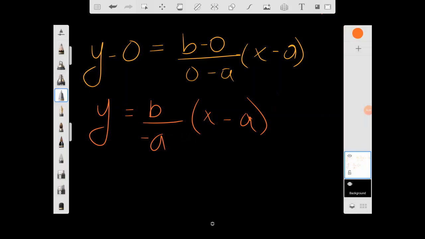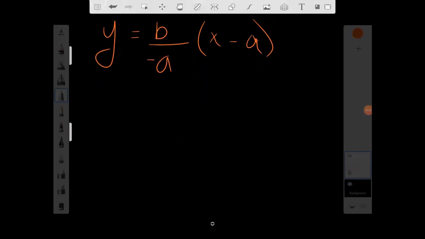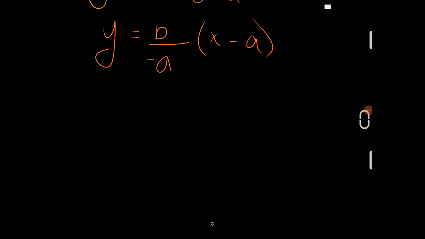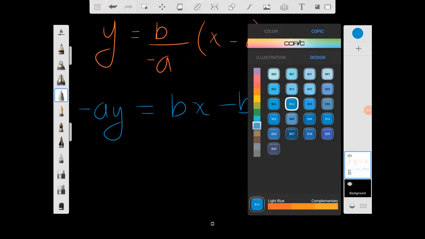Zeros are unnecessary as of now. Now let us solve this. y is equal to b by minus a. Let me cross multiply, so it will become minus ay is equal to, and I'll open the bracket, it will become bx minus ba.